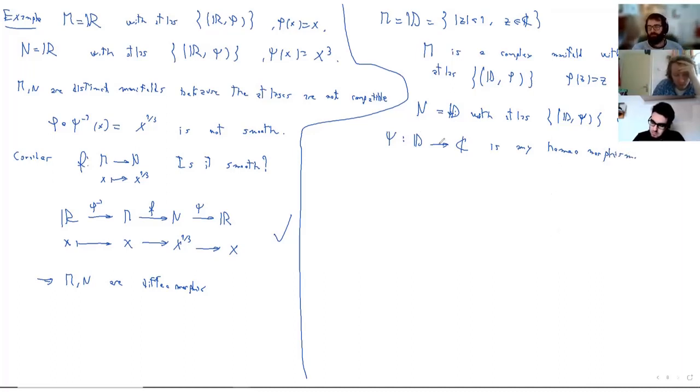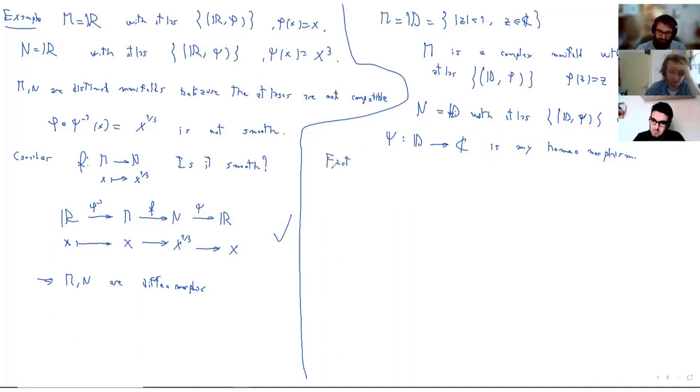And you know that, of course, D and C as topological spaces are homeomorphic to each other, because one is a disk and the other one is R2. So we know that they're homeomorphic, so this psi exists. And of course, this psi doesn't care at all about the complex structures that we have here. Yeah?